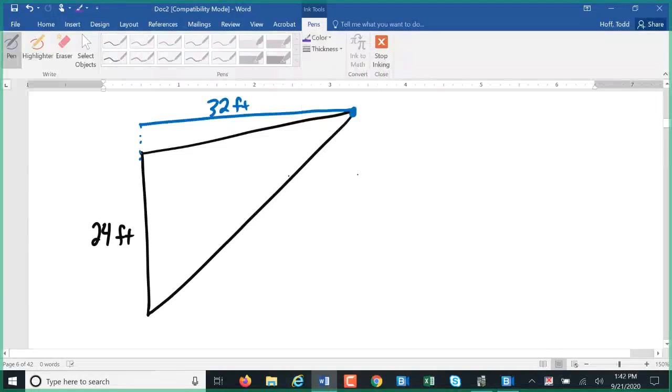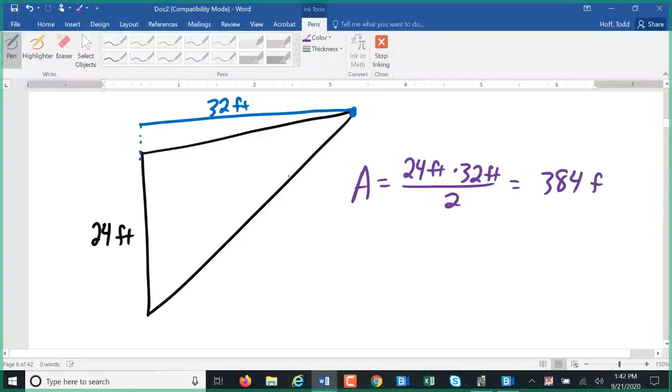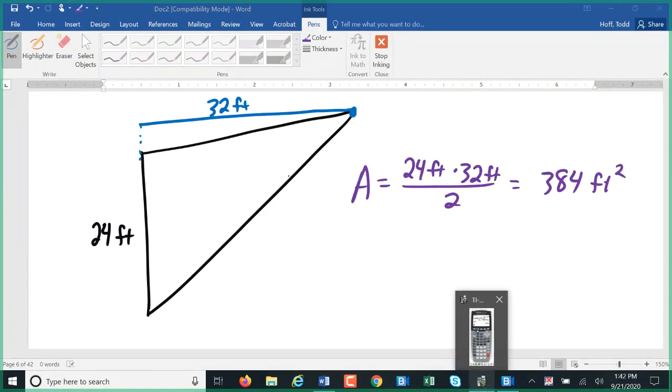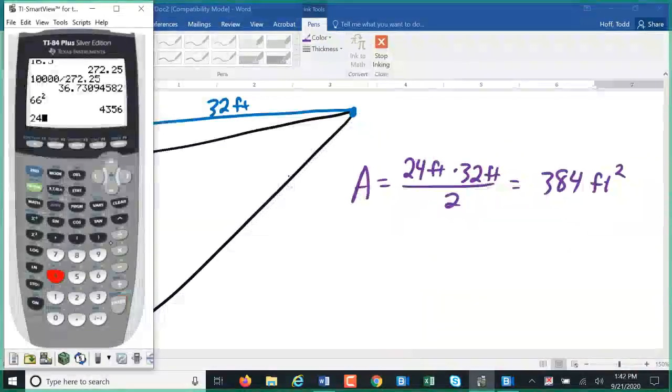Now the area of this triangle is going to be found by doing that base of 24 feet times that altitude or height of 32 feet divided by 2, which is 384 square feet. Just going to double check that because it's been one of those mornings, one of those days. It is 384 square feet.